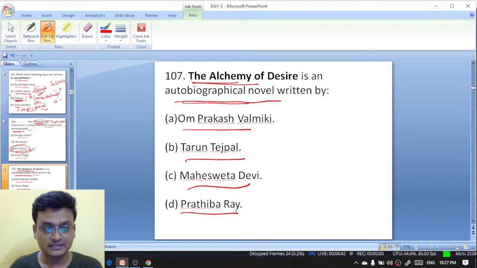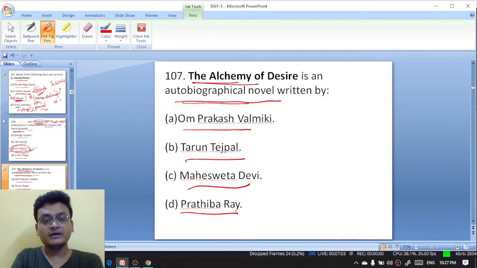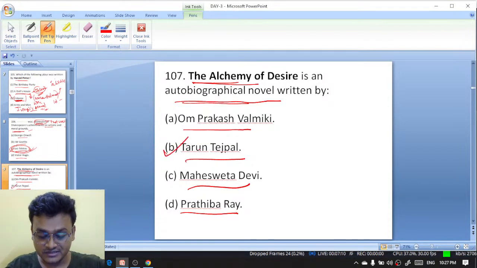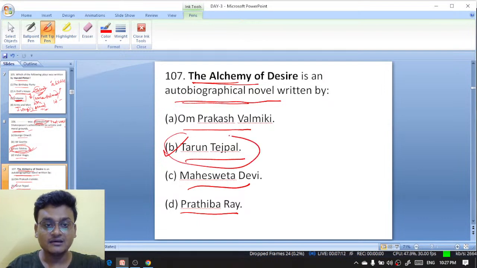What would be the right answer here? Exactly, Nandita. The Alchemy of Desire is a novel written by Tarun Tejpal. Nandita, you are absolutely right.